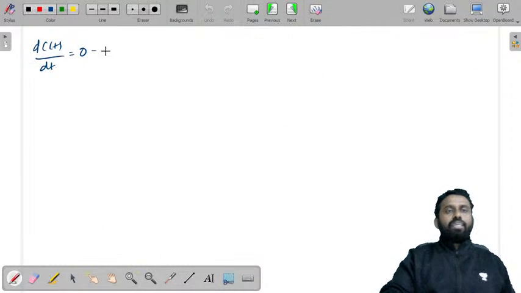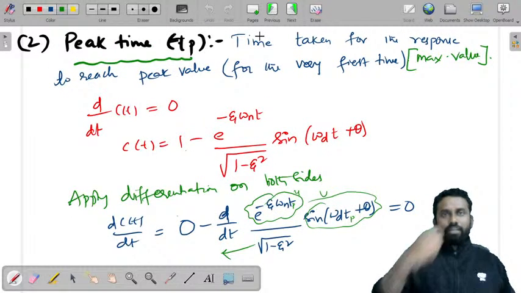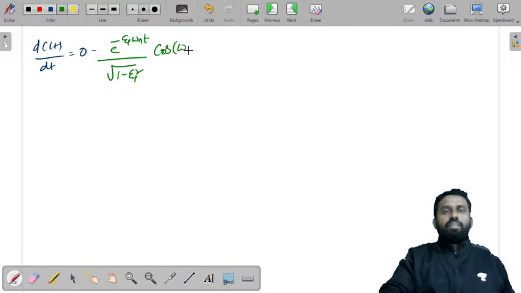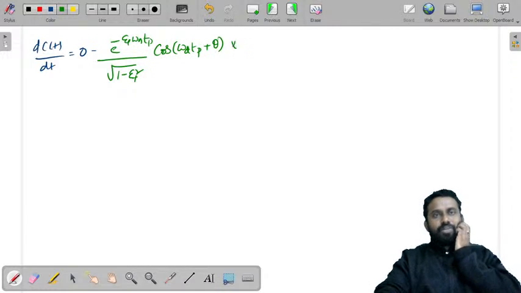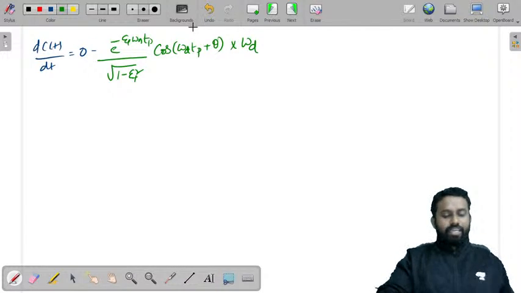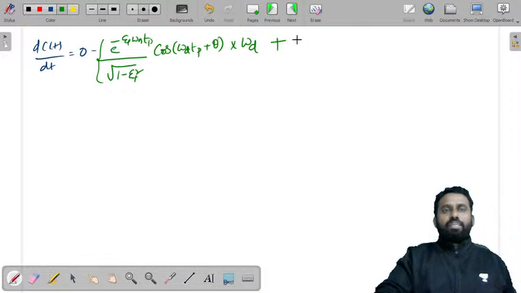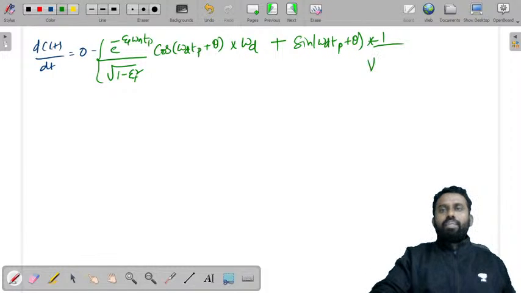So just apply that. e power minus zeta omega n t by under root of 1 minus zeta square into the derivative of sin, which is cos of omega d tp plus theta into omega d, plus sin of omega d tp plus theta into 1 by under root of 1 minus zeta square e power minus zeta omega n tp into minus zeta omega n. This is equal to 0.